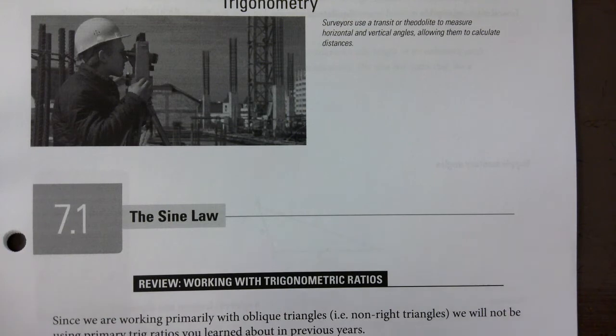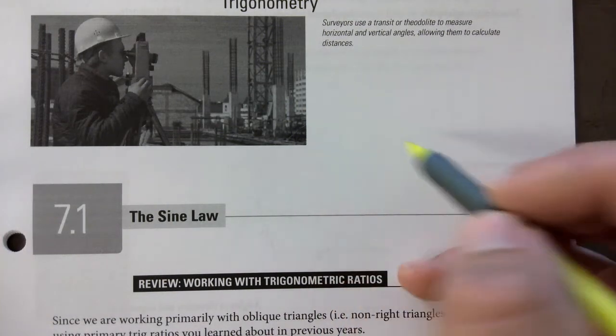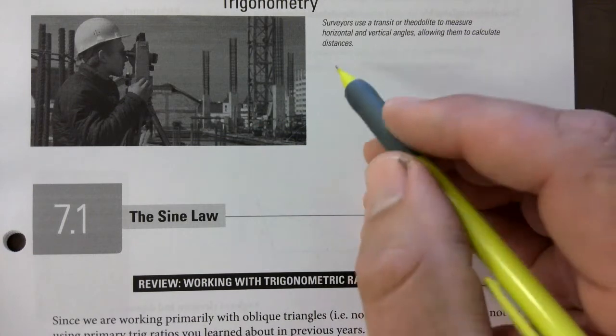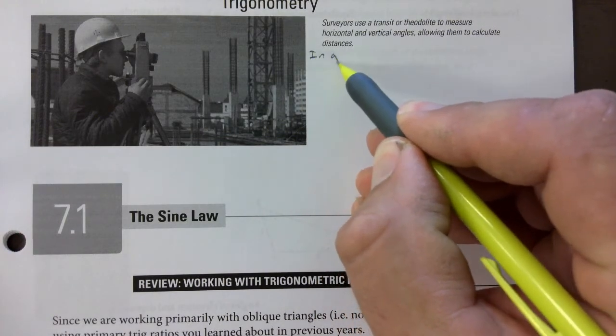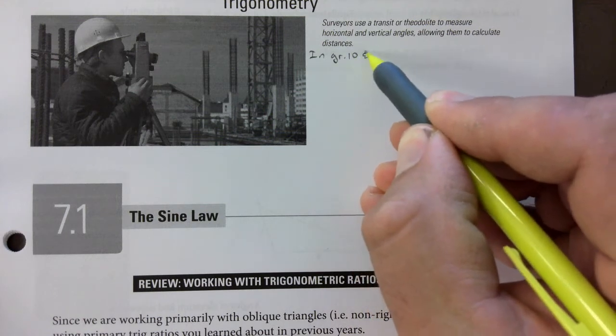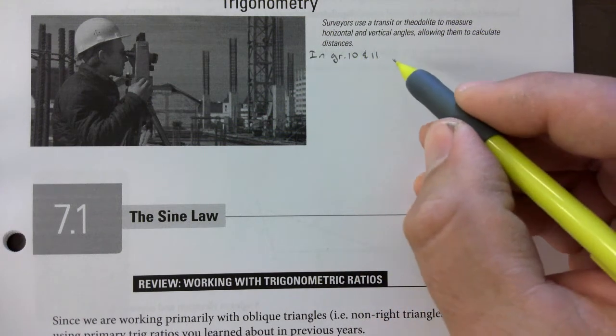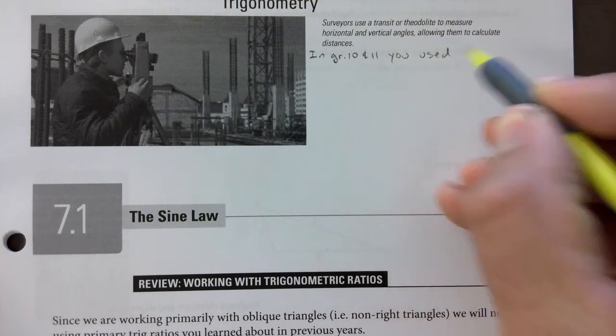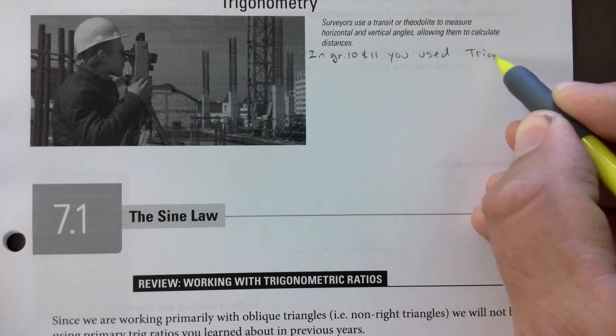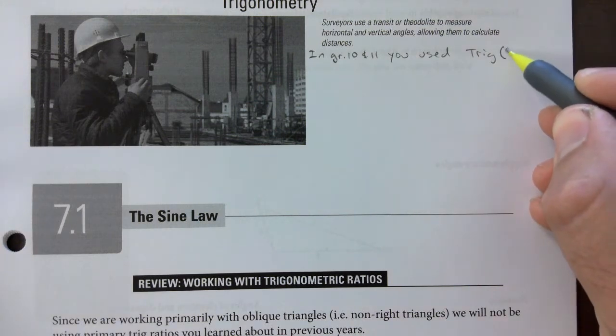And I will just give you a preview, right? In this little section here, I will just say in grade 10 and 11, you used trig, and this SOHCAHTOA ring a bell.